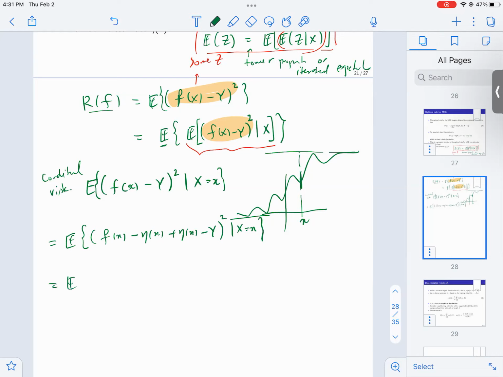So what happens here is f of x minus... yeah, okay, so what we get is something like this, squared.